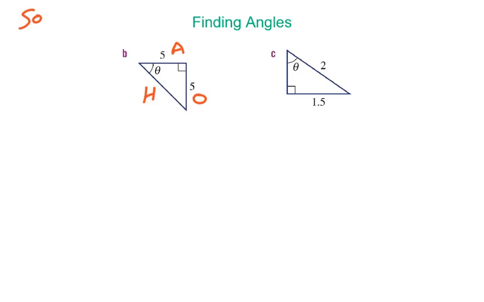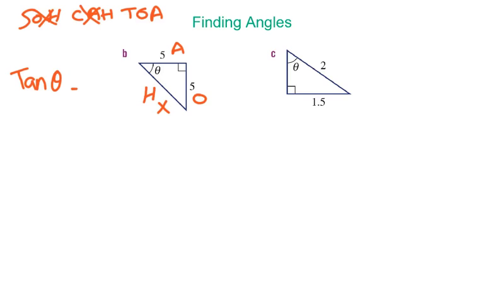You're still picking from SOH CAH TOA. You can't use anything that has an H in it because we don't have the side length for H, and we need 2 side lengths in order to find theta. So 2 side lengths, we've got A and O, so that leaves me with tan.